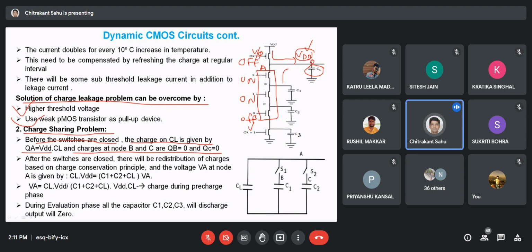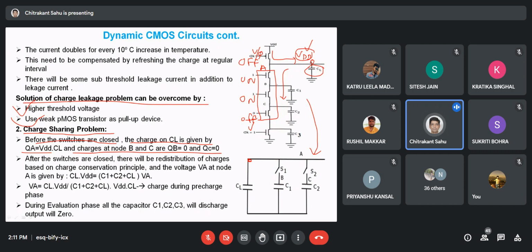This structure is the equivalent circuit of a bigger network, with the load condition and these switches, which are on or off depending upon the input.